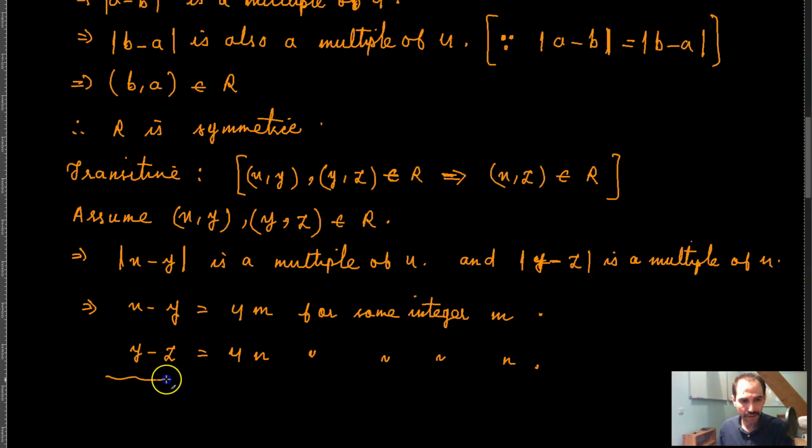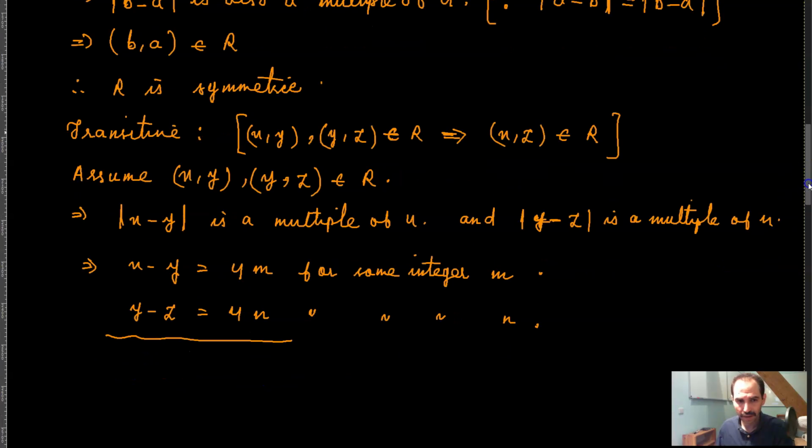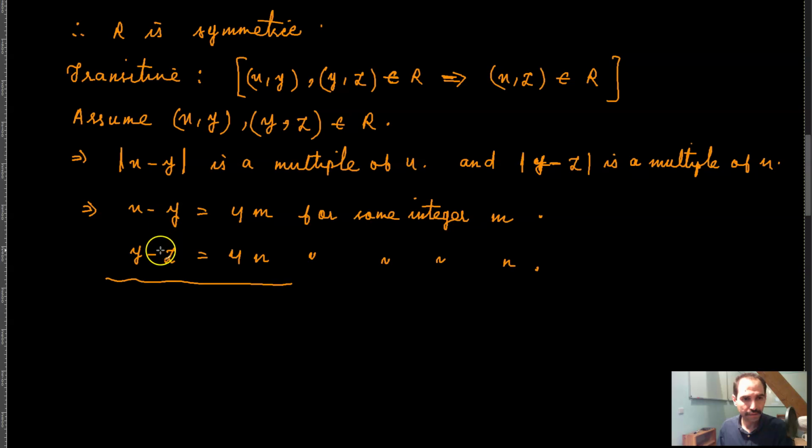So if you take these two equations and add them together, I get x minus y plus y minus z is equal to, I'm sorry, not 8m, but 4m plus 4n.